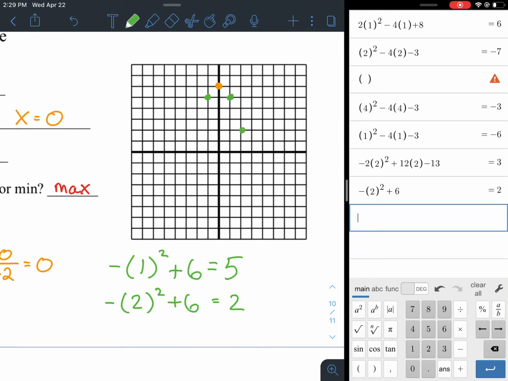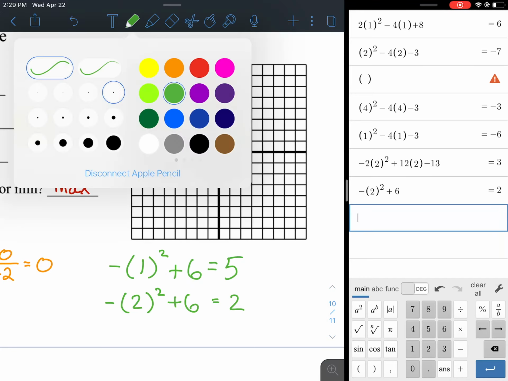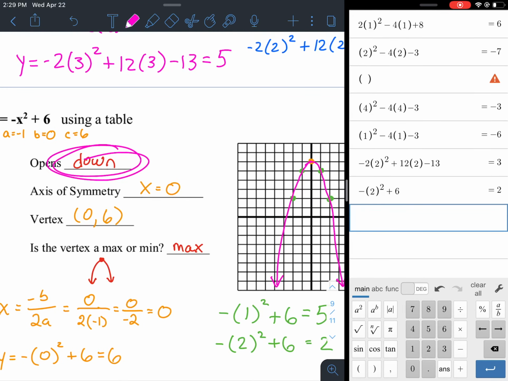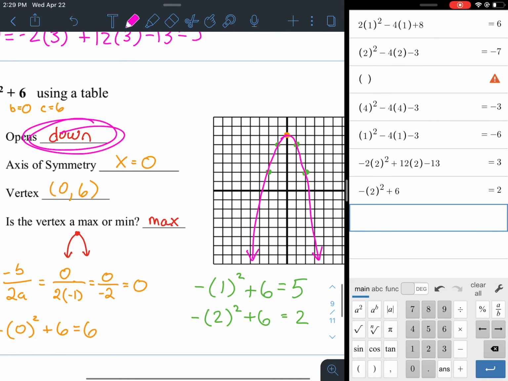So I'll plot the point 2, 2, plot the point negative 2, 2, and then the last step is to draw the curve that goes through the points. And as we mentioned, this would be a downward facing parabola, which it ended up becoming.